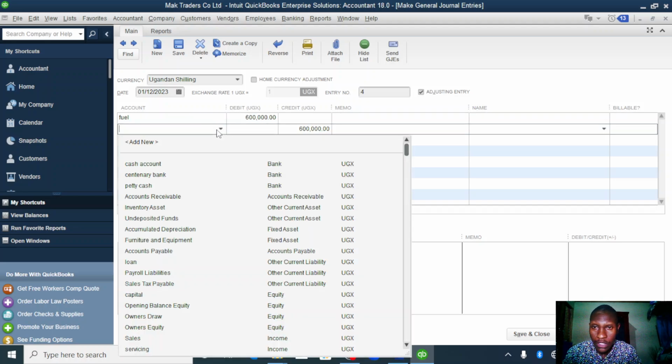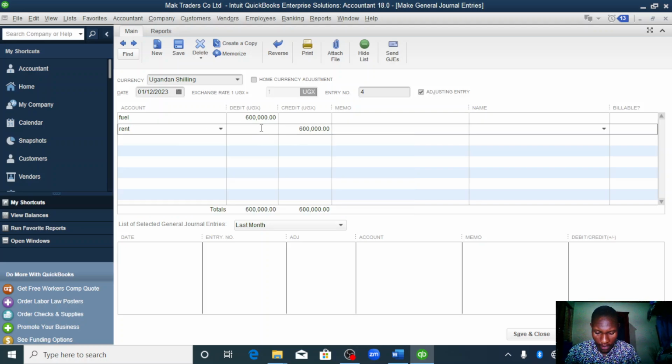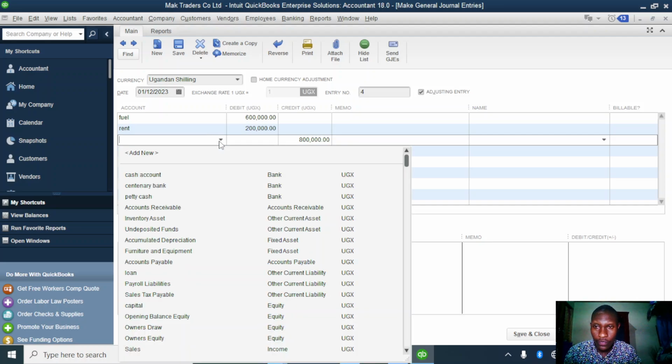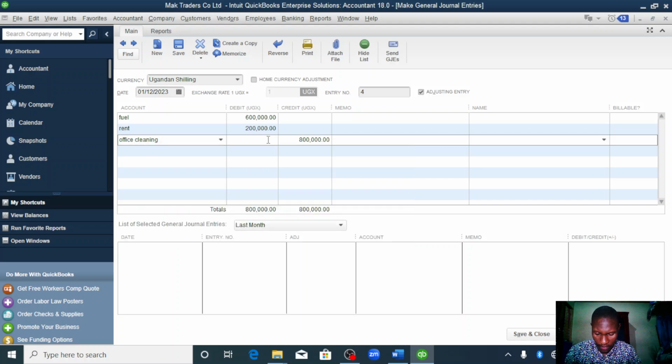We go to rent. It is having 200,000. Also debit it. We go to office cleaning. It is having 220,000.